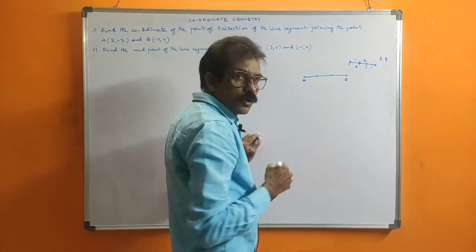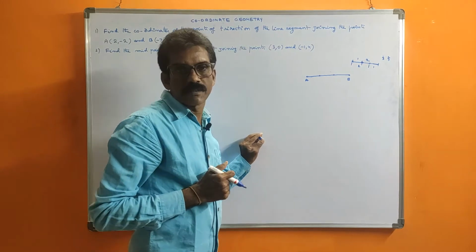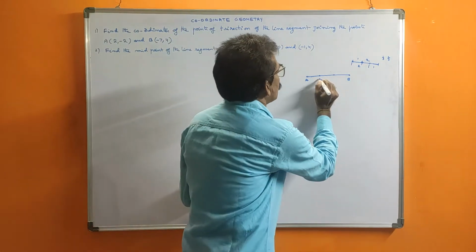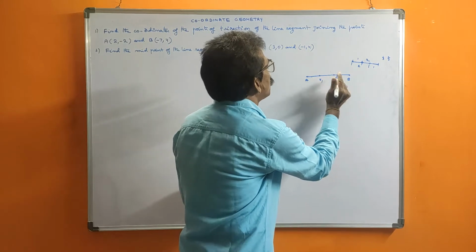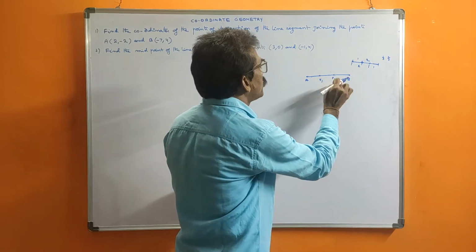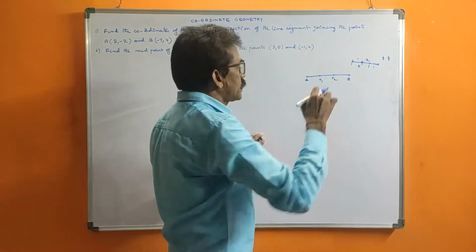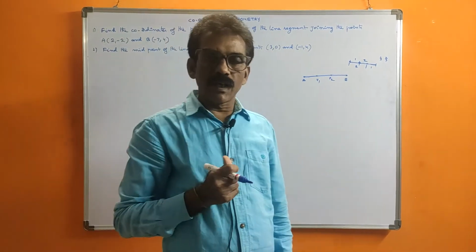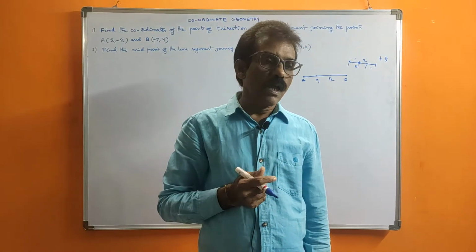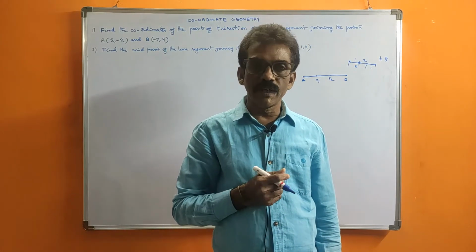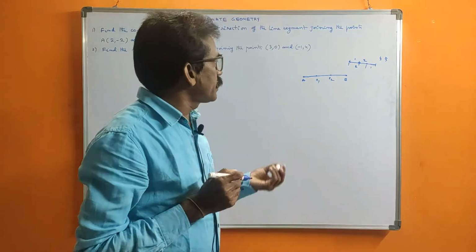Suppose this is P1, then P1 divides AB in 1:2 ratio, and suppose P2 is the other point, it divides AB in 2:1 ratio. One divides the line segment in 1:2 ratio, the other divides the same line segment in 2:1 ratio. Those points we should find out.